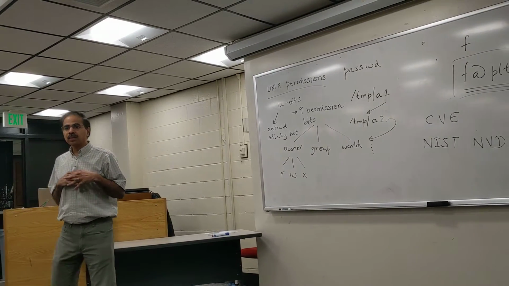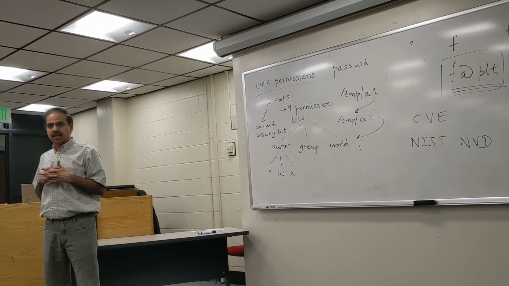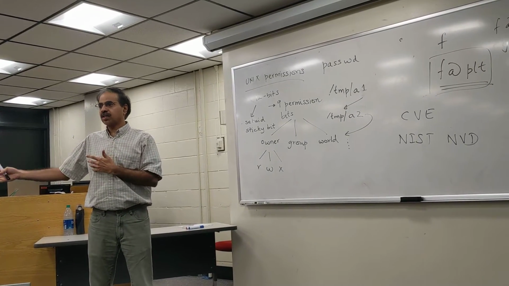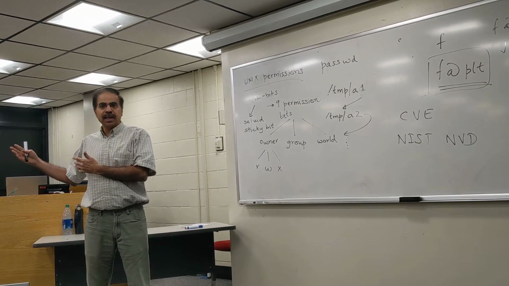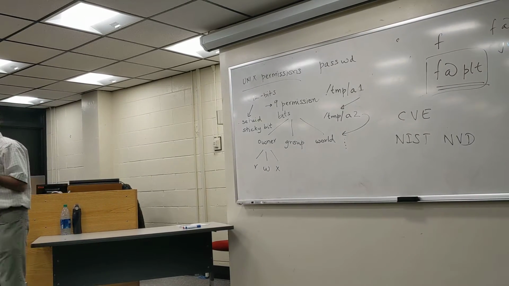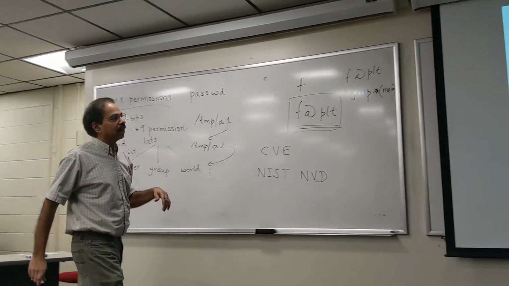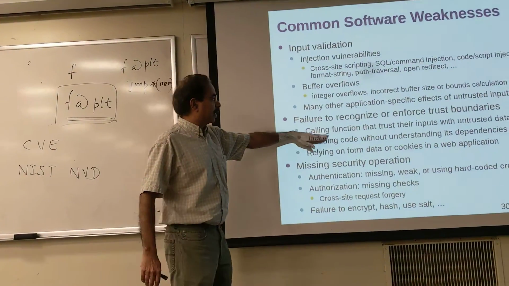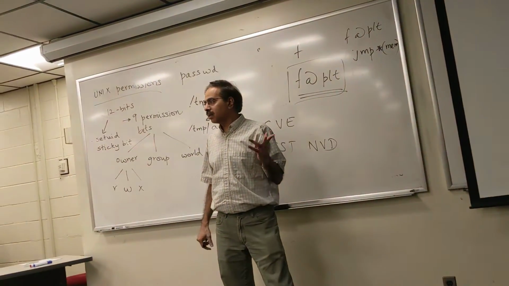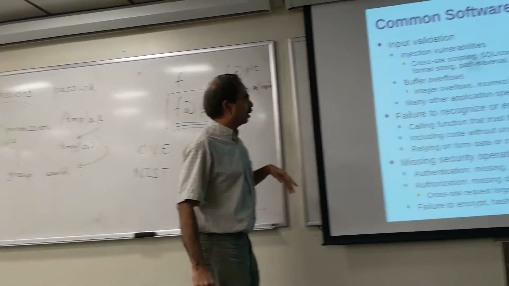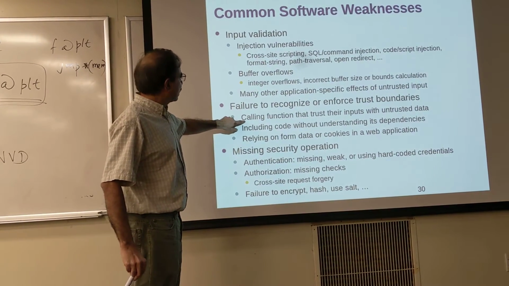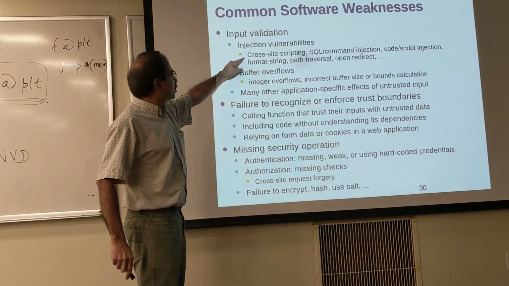If you are writing another application which accepts untrusted input, and you call this function, which believes its input is benign, with untrusted input, then obviously bad things can happen. That's what is meant by enforcing trust boundaries. If the function trusts its input, don't call it with untrusted input, and you can see that this can cause some of these problems.